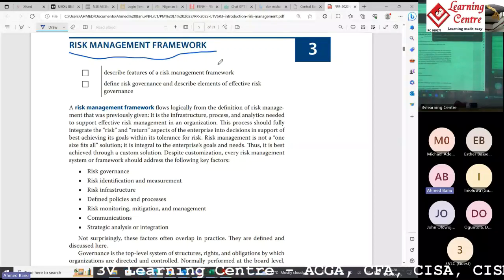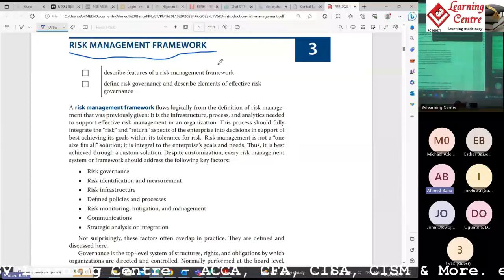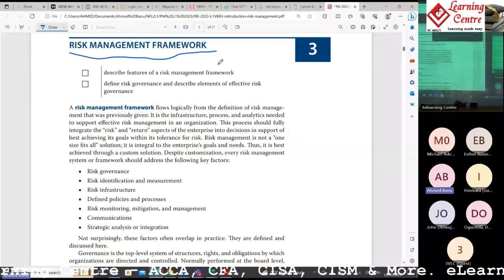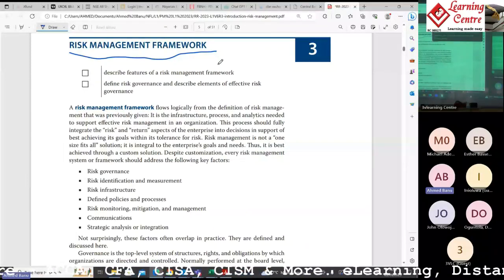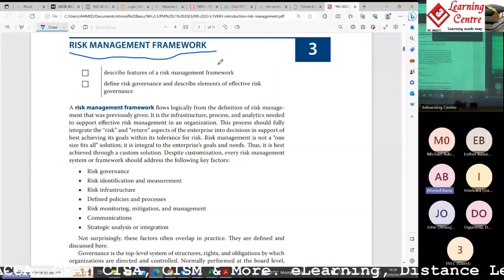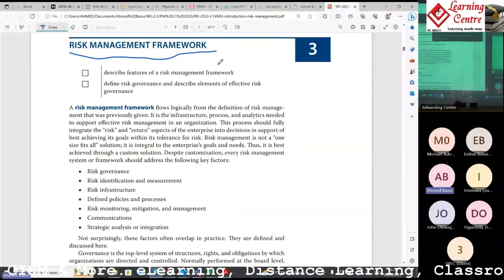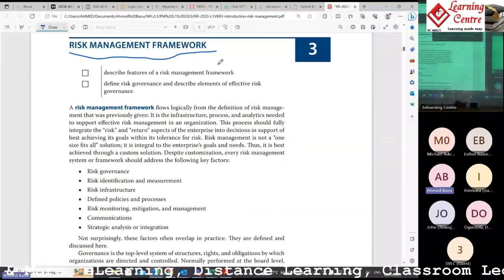Meaning that if this thing should crystallize, we're going to do A, B, C, D. So all we're just doing is we're monitoring that risk or monitoring that activity to ensure that the moment that thing crystallizes, we start A, B, C, and D immediately. That is what risk monitoring, mitigation, and management is. So how are you going to monitor?